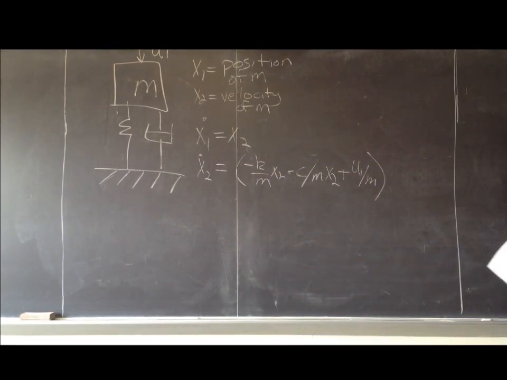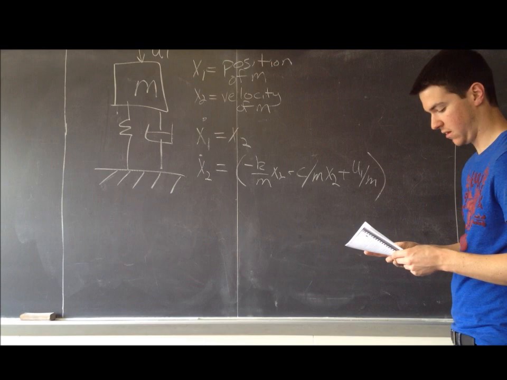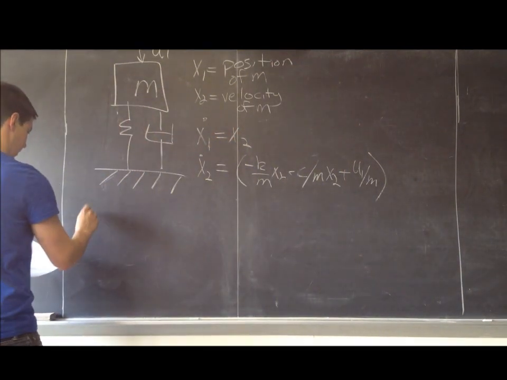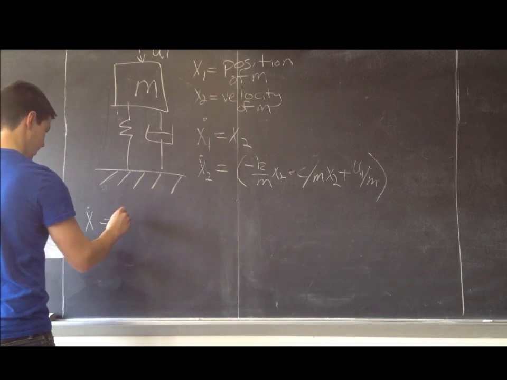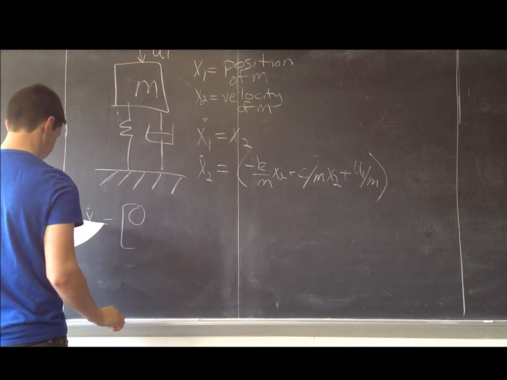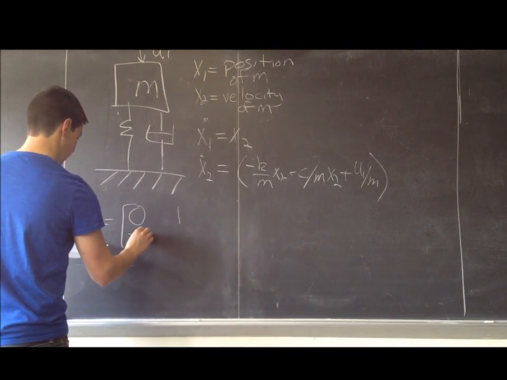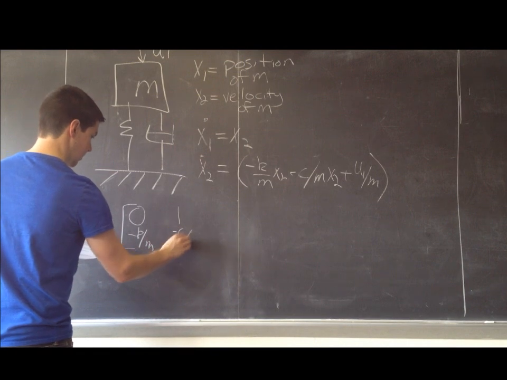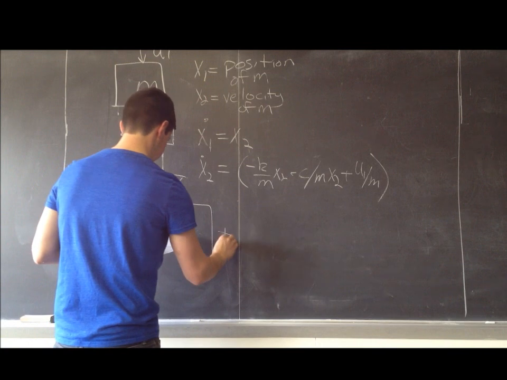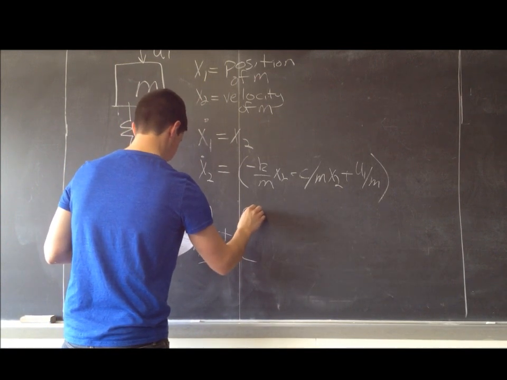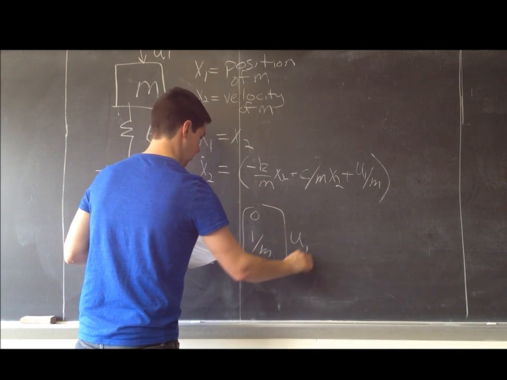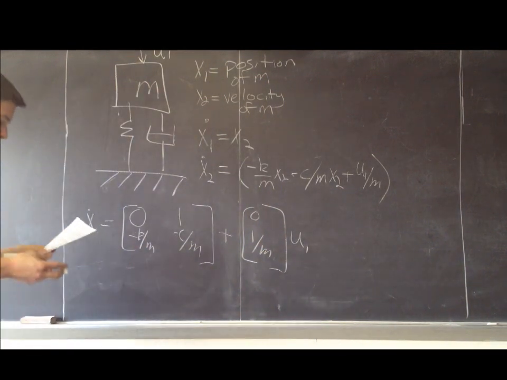At this point, we now need to linearize our system. So we'll start with x dot equals our matrix 0, 1, negative k over m, and negative c over m, plus 0, 1 over m, u1.